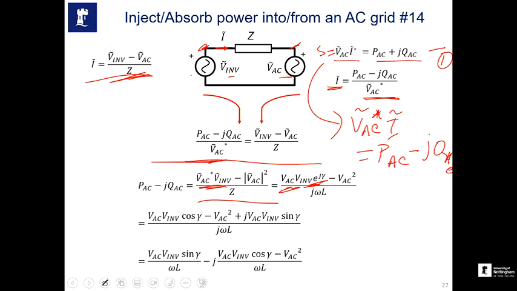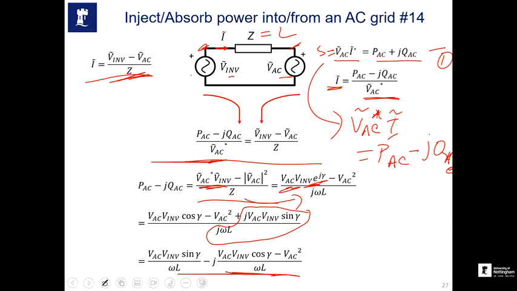And Z, because it's an inductor, the impedance is j omega L. And if we do the multiplication, the j and j cancel out, so there is a real term in this, and there is an imaginary term.